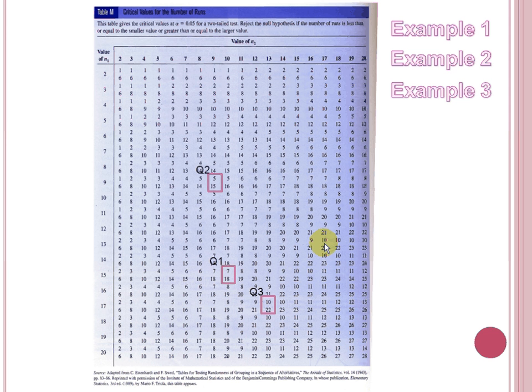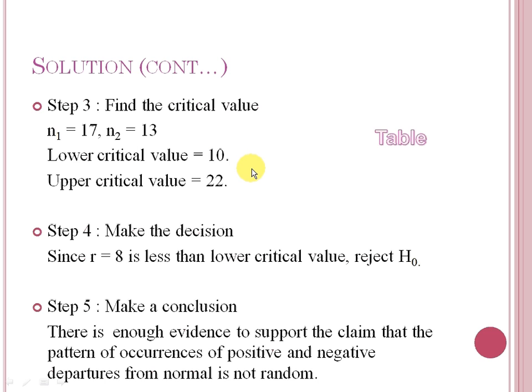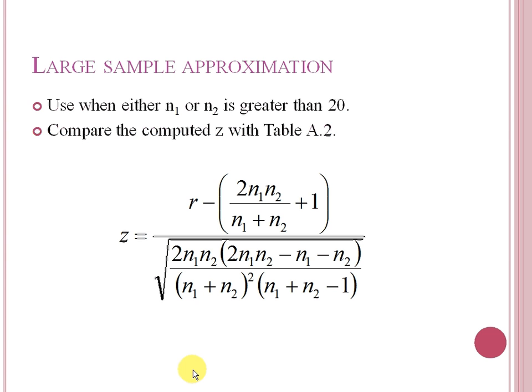It is the same, so the values of N1 and N2 can be interchanged. We have 10 and 22 as the critical values, and we find that 8 is less than the lower critical value, so we have to reject H naught. The conclusion is there is enough evidence to support the claim that the pattern of the positive and negative departure from normal is not random.